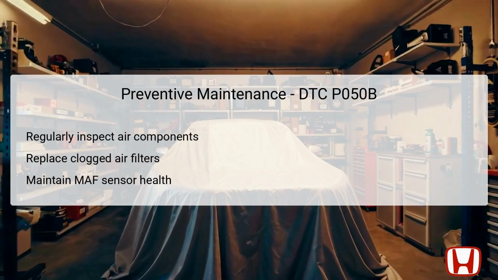If air filters are clogged, they should be replaced not only to optimize airflow, but also to promote efficient engine operation. Maintaining the health of the MAF sensor is also critical, as it plays a significant role in measuring the amount of air entering the engine and ensuring the ignition timing adjustments are accurate. By staying proactive with these maintenance tasks, owners can significantly extend the life of their engine components and reduce downtime.